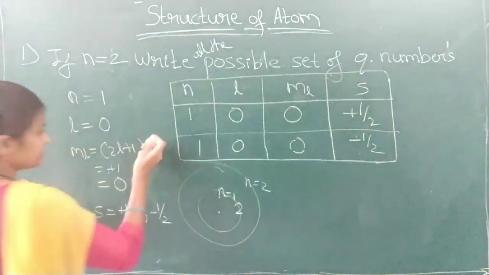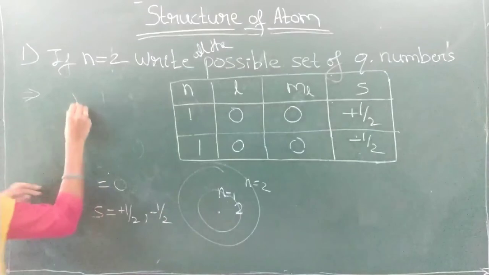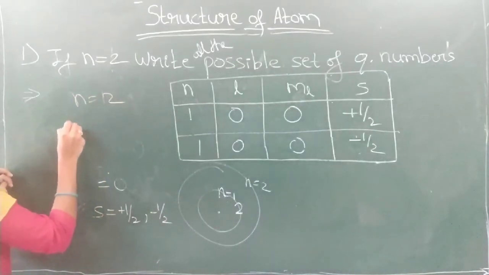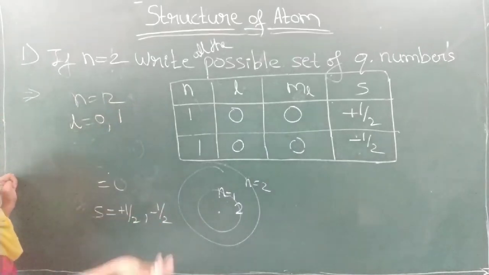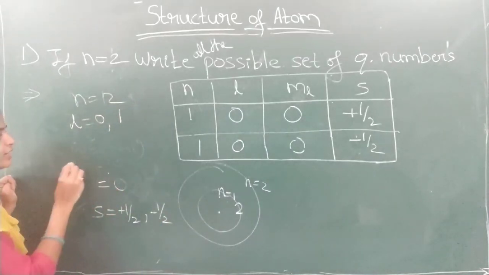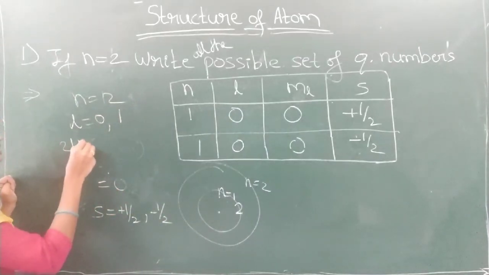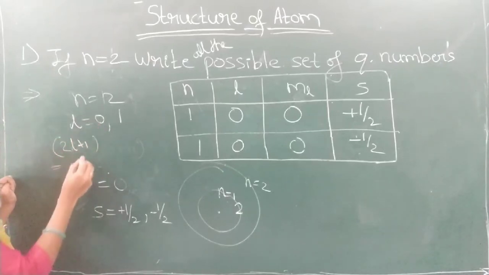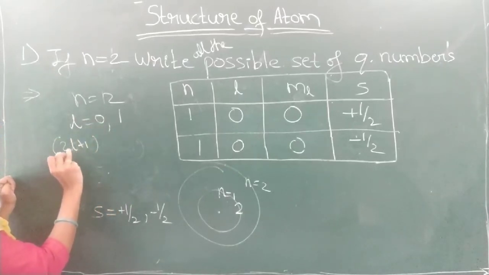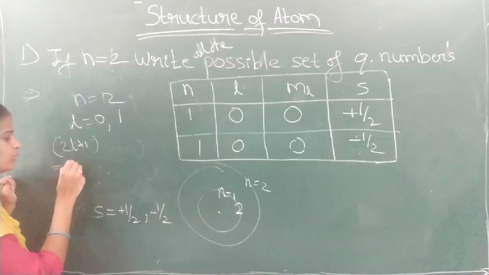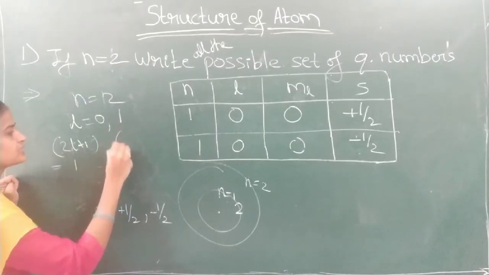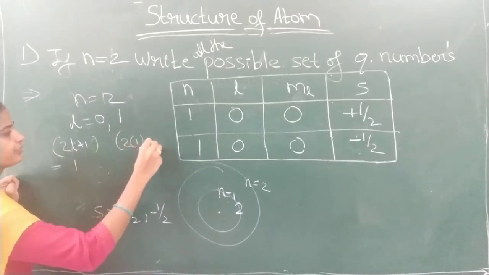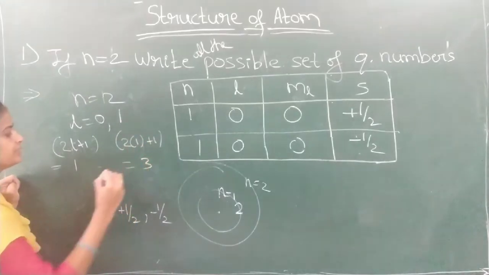Roughly I am giving an idea. n is equal to 2 means l will be 0 and 1. If you substitute in 2l plus 1, that is the magnetic one. First you substitute 0 here, what will you get? 1. And again you substitute 1, it comes 3.